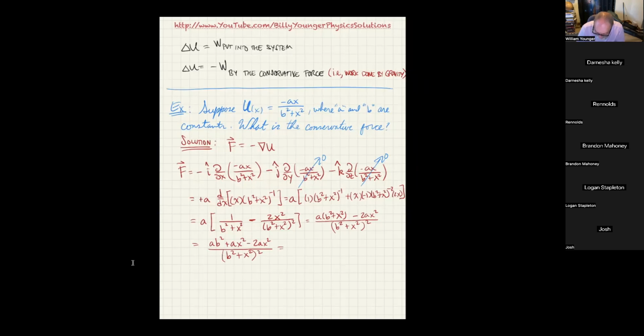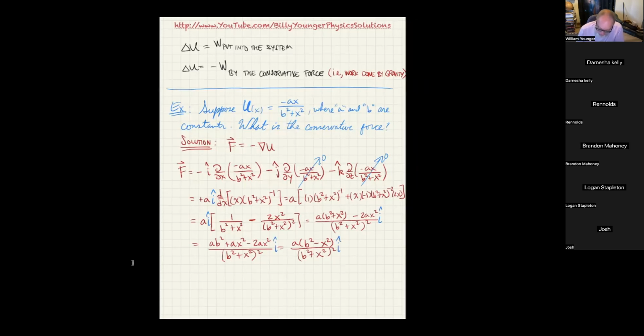So I can write this as just plain b squared minus x squared over b squared plus x squared raised to the 2 power. And all along the way, I just magically dropped the i hat. So I'm going to put it back in here right now and pretend like nothing bad ever happened.